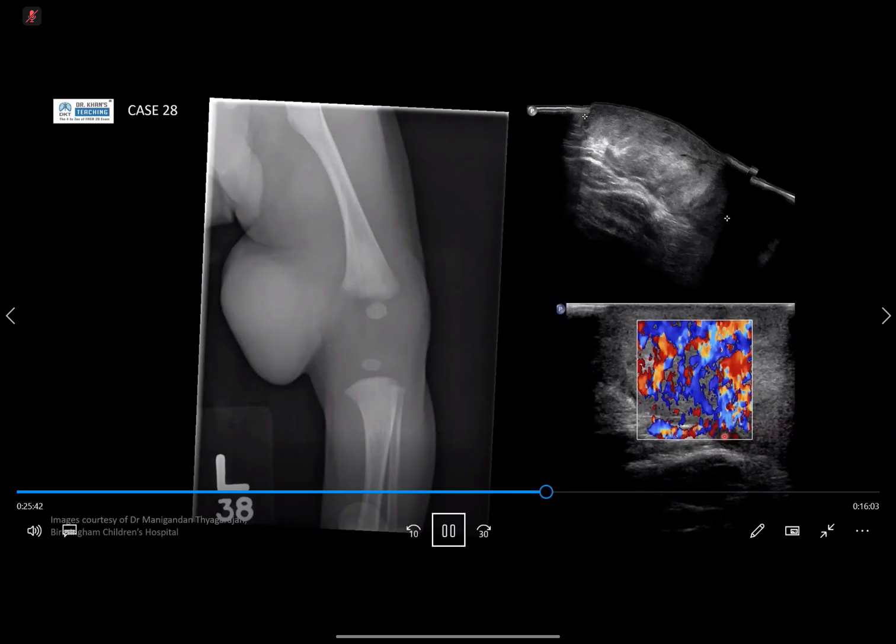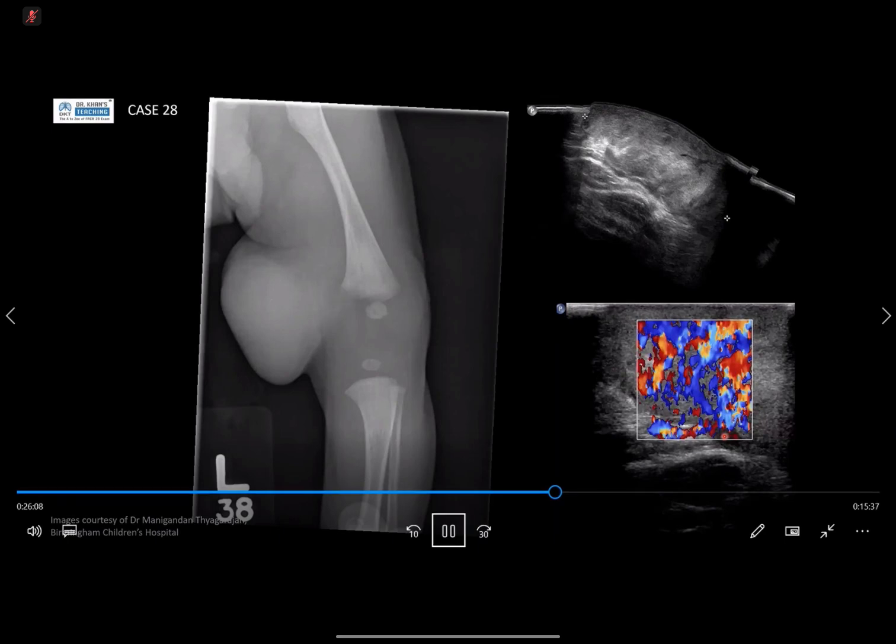So candidate 4, do you want to have a guess what these are? So baby, it's an infant, less than 1 year old. Of the knee joint, showing a large soft tissue mass lesion on the dorsal aspect of the distal femur. The adjacent bone appears normal.